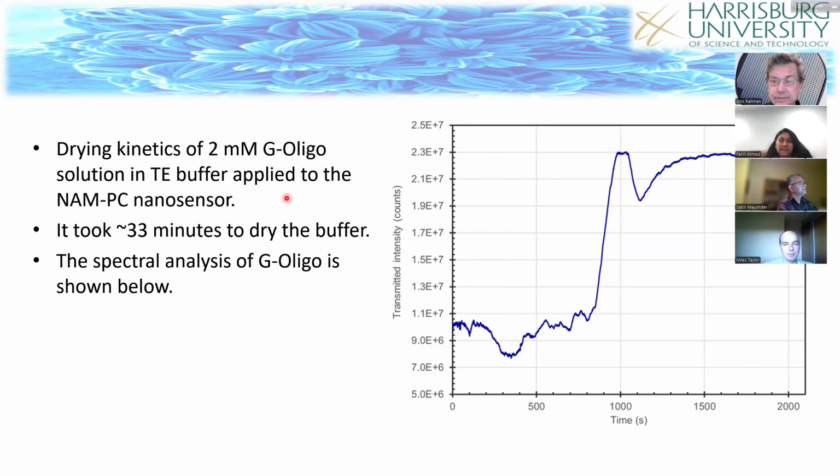So instead of a virus or pathogen, we wanted to provide a proof of concept with this benign oligonucleotide experiment. This is room temperature drying of the buffer. At this point, as you can see, the buffer has dried, and only the oligo remains on the photonic crystal sensor.